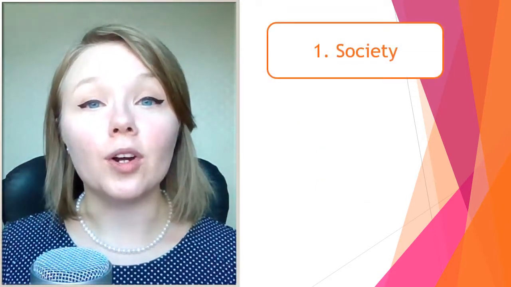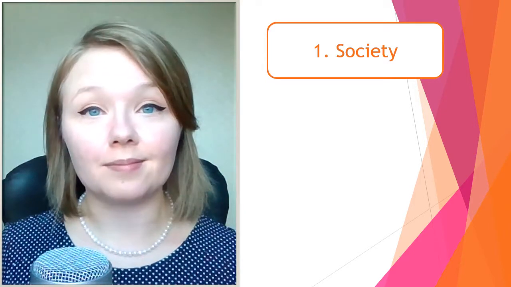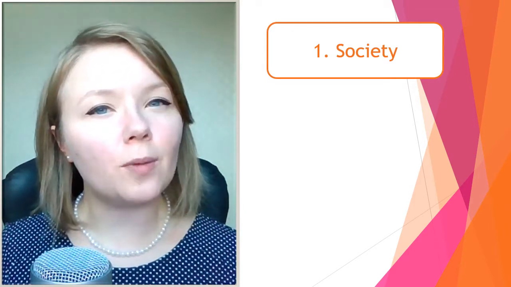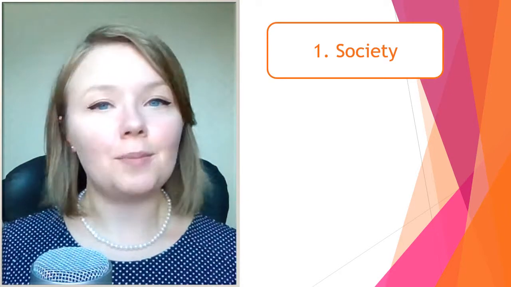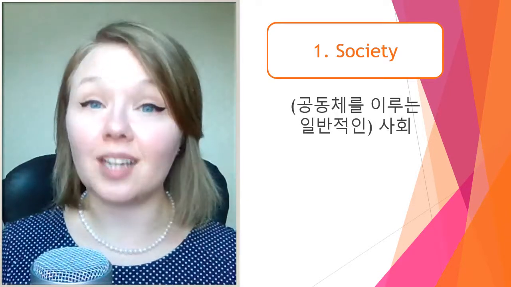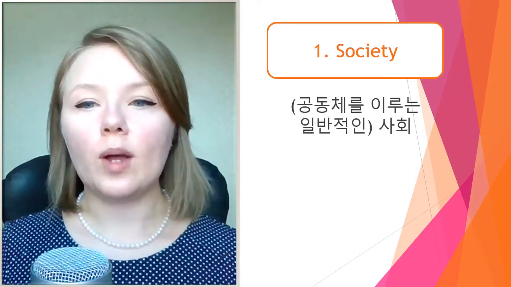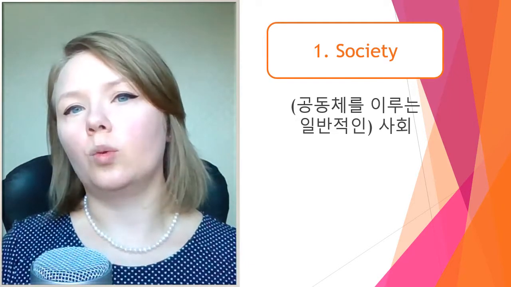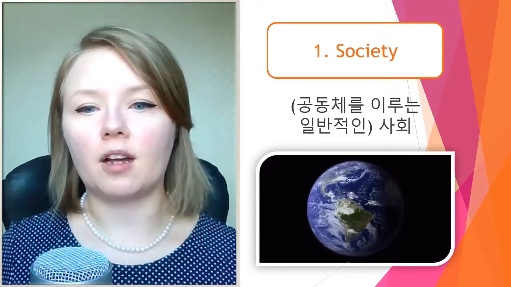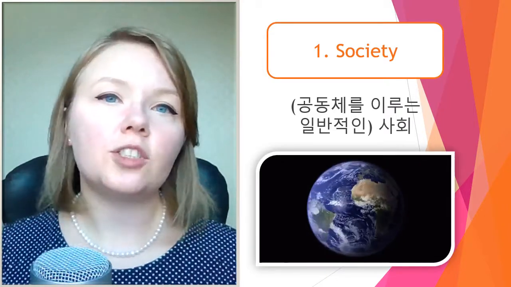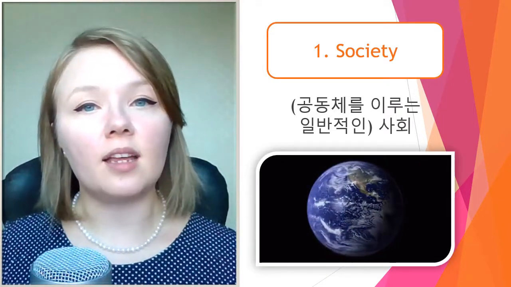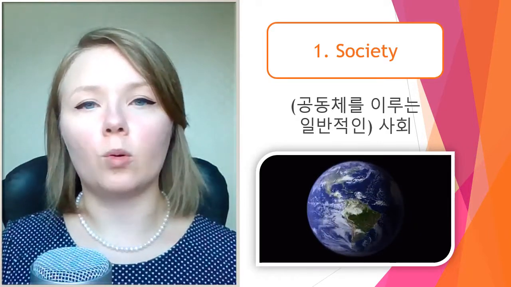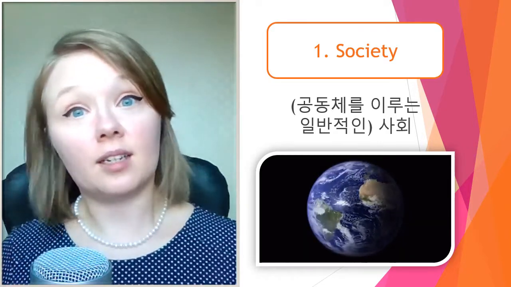Our first word is society. Are you familiar with this word? If not, let me go ahead and show you the definition. When we think about society, this is all the people living in the world. So today when we talk about society, we are not just talking about Korean society or Chinese society or Vietnamese society or American society.